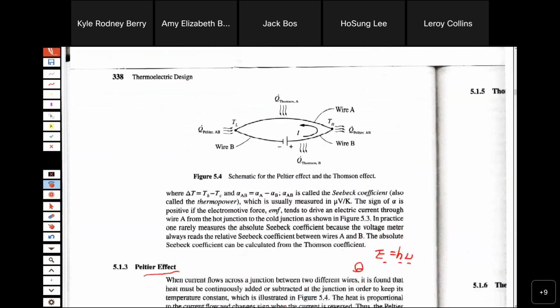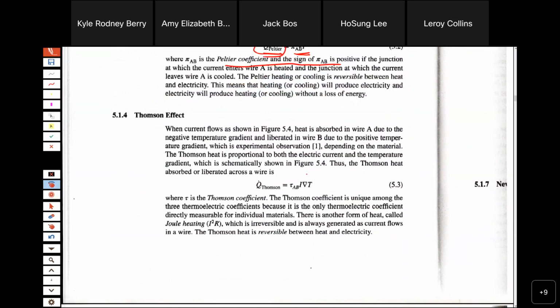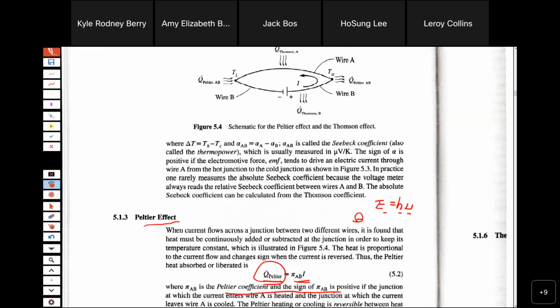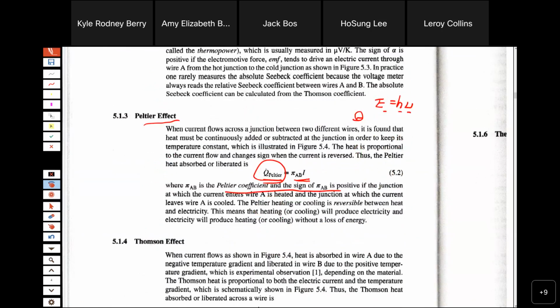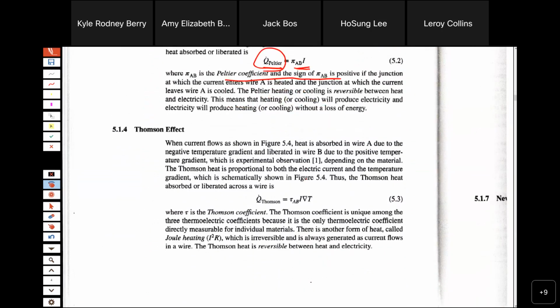We can generate electricity. So we discussed the two things, Seebeck effect and Peltier effect. You can raise questions, students, okay? You are learning, so if you have a question.